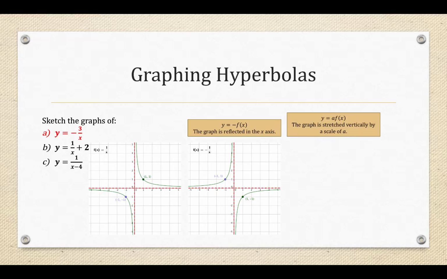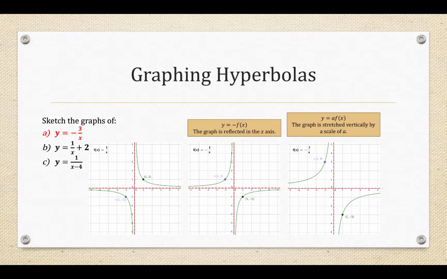Now if we put the 3 there, that's going to give us a vertical stretch because we're multiplying every y value that's achieved by 3. And if you have a look at those 2 points that I've shown you, you will see that -1, 1 has gone upward to -1, 3, and 1, -1 has been stretched downward to 1, -3.